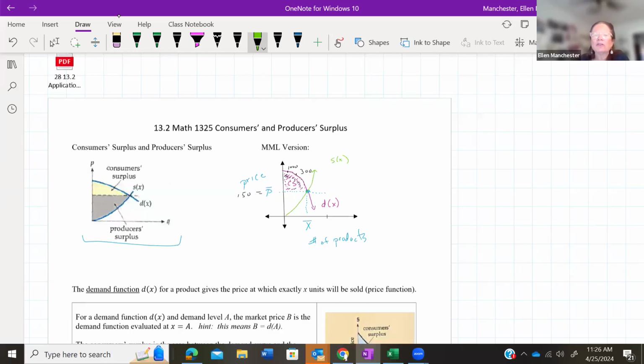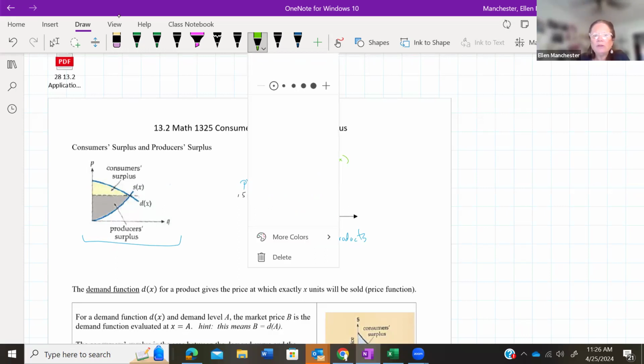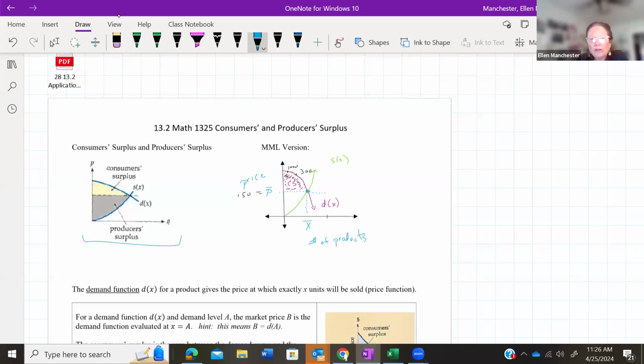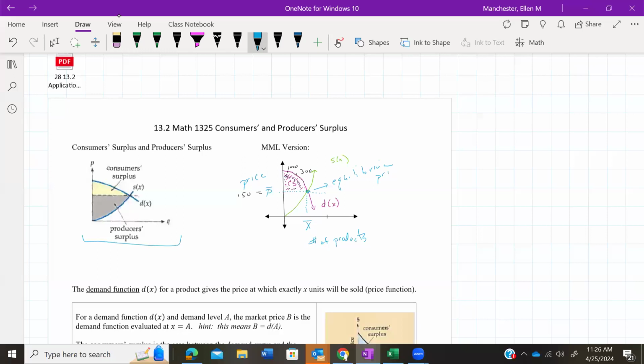Okay, so the supply function means this is the price based on the supply. All right, so if you have a high supply, then your price is going to go down. If you have a high demand, your price is going to go up. Where these two meet, where the demand and the supply meet, this is called an equilibrium point.